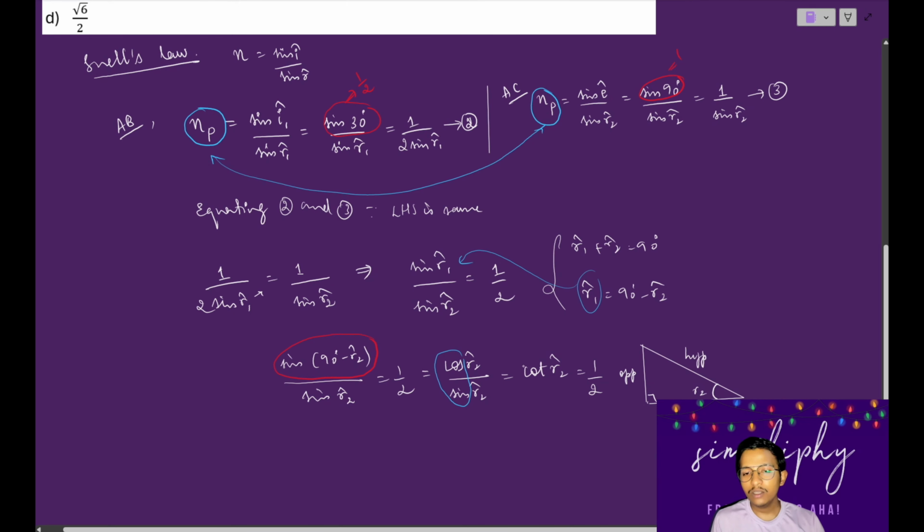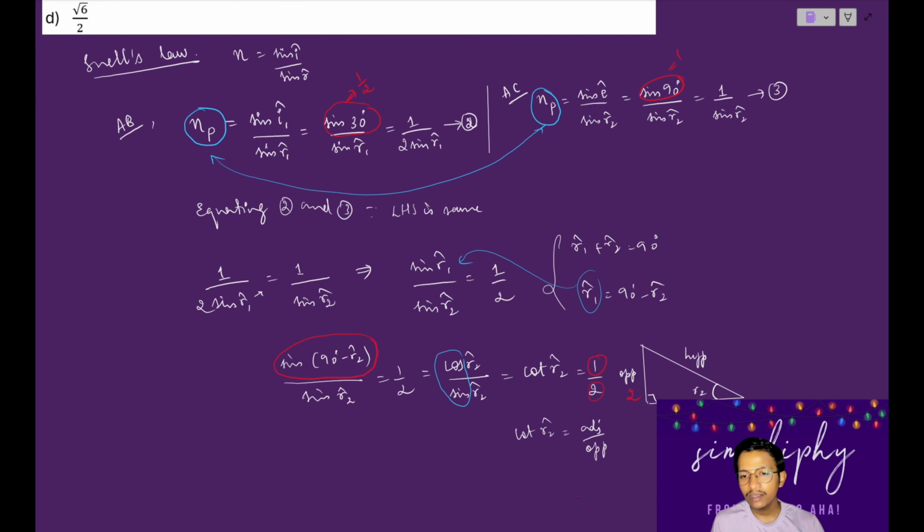Now cot R2 is nothing but adjacent by opposite side. Adjacent side value is 1, and opposite side value is 2. Then the hypotenuse value comes out, from Pythagoras theorem, to be root of 2 square plus 1. So how much is this? 2 square is 4, plus 1, root 5.